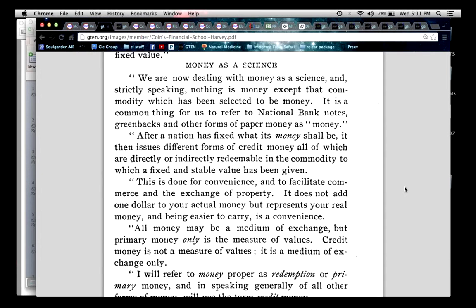This is done for convenience and to facilitate commerce and the exchange of property. It does not add $1 to your actual money, but represents your real money, and being easier to carry is a convenience. All money may be a medium of exchange, but primary money only is the measure of values.